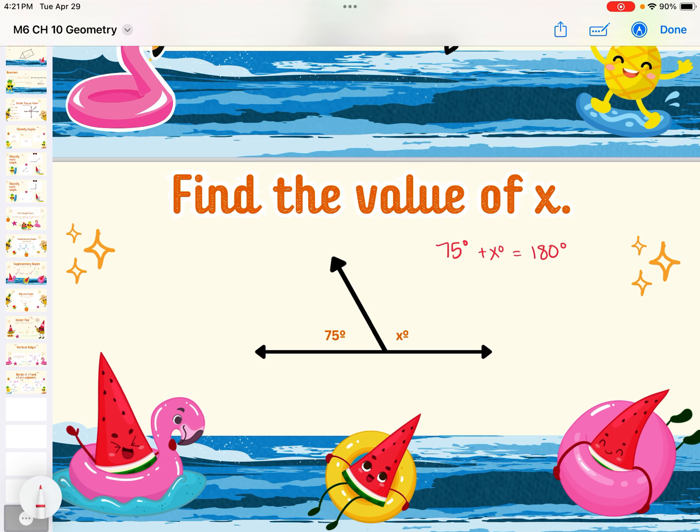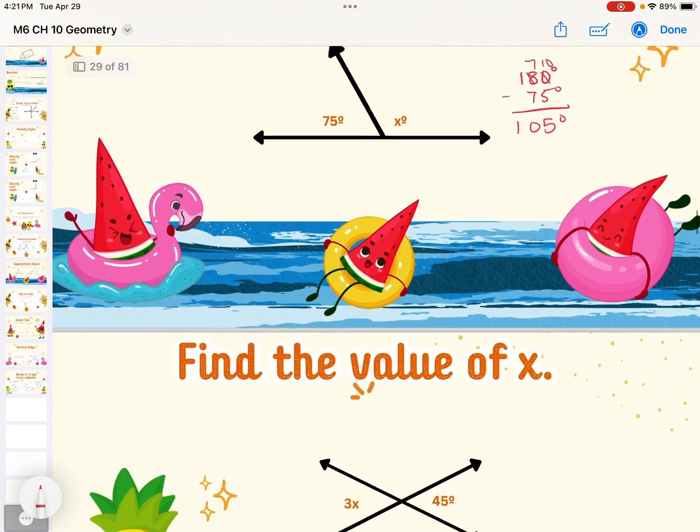So to undo this, we are just going to subtract 180 degrees minus 75 degrees. Have to borrow again. So 10 minus 5 is 5. 7 minus 7 is 0. 1 minus nothing is 1. So that means that this angle is 105 degrees.